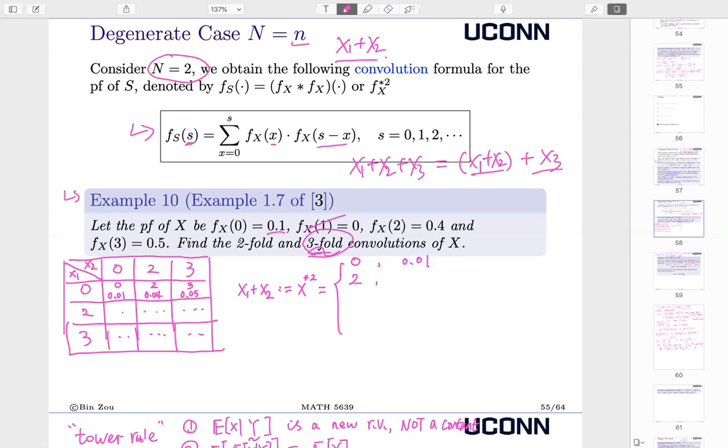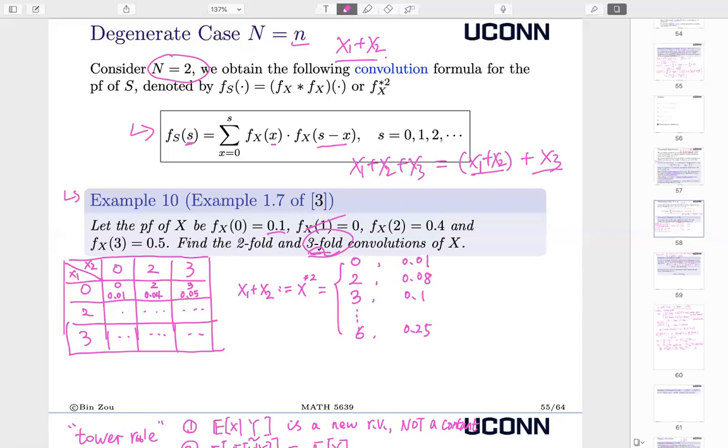There are two opportunities: 0 plus 2 and 2 plus 0, and the probability is 0.08. The next one is 3: it's 0 plus 3 or 3 plus 0, so here you have probability 0.1. I believe you can continue this. Finally, we have 6, that means 3 plus 3, with probability a quarter. So this is the probability function of it.